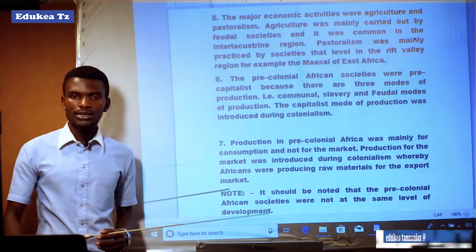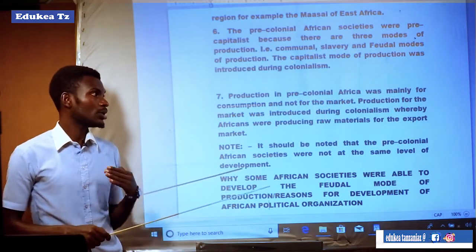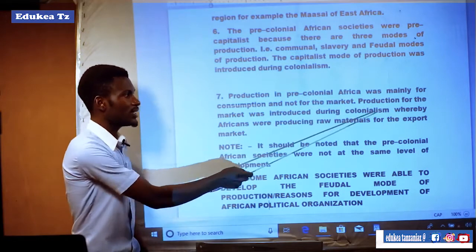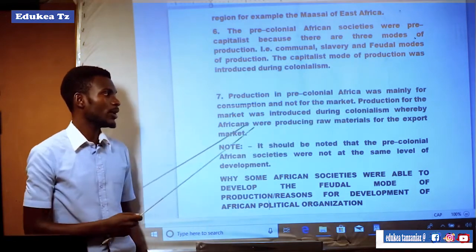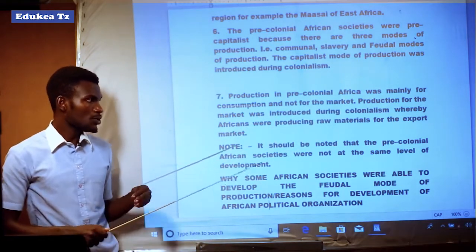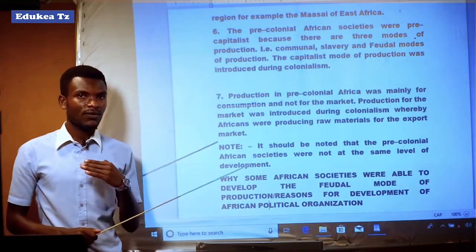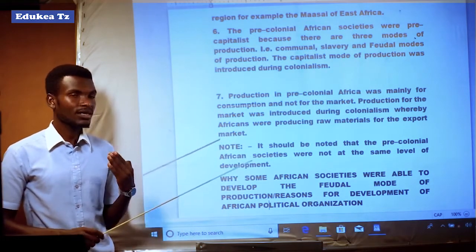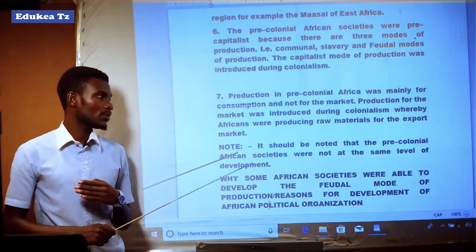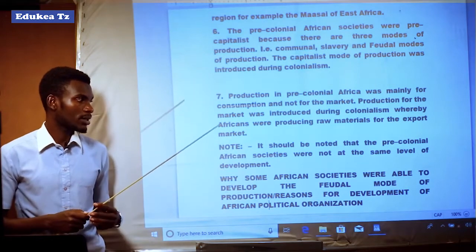Production for the market was introduced during colonialism, whereby Africans were producing raw materials for export to the metropoles, in European countries.